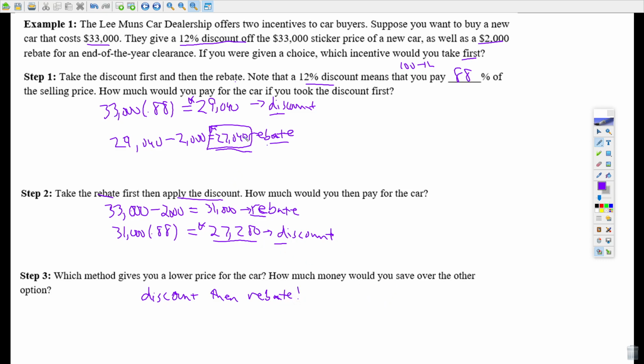How much money are we saving? Well, if we subtract those two, how much are we saving? That'd be $240, I think. And that'd be in savings. So it's a decent amount just to make a choice between these two things.